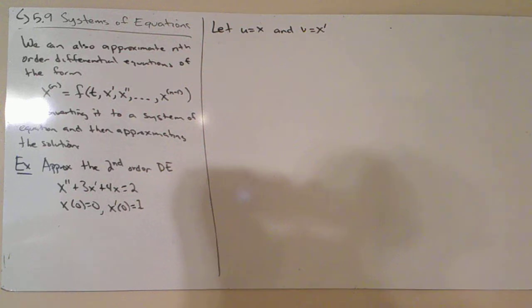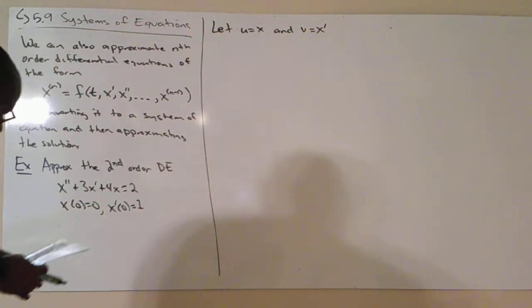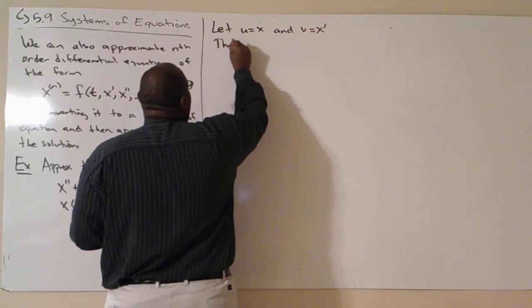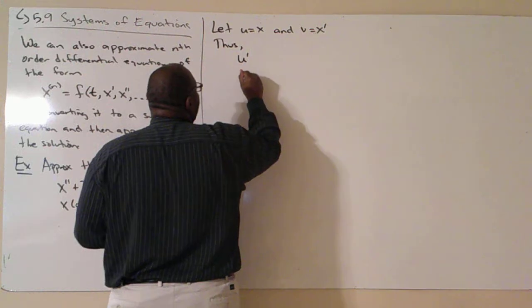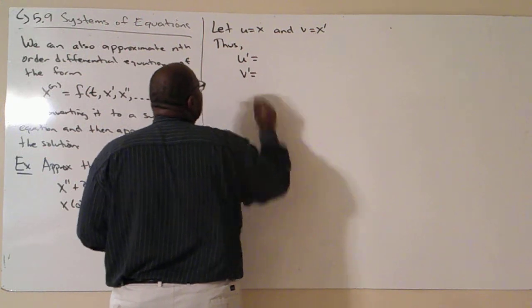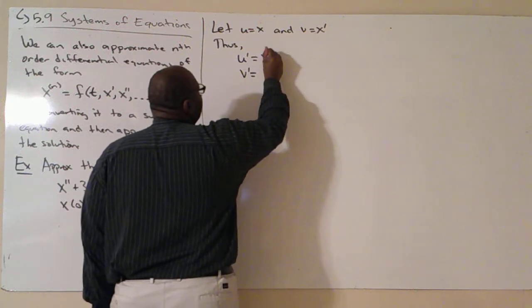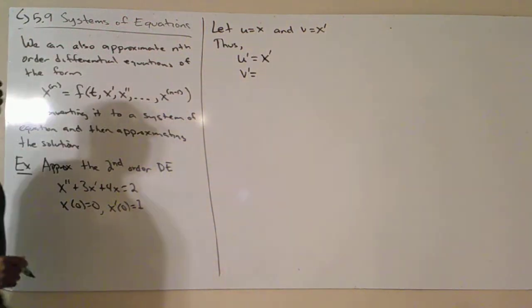And what we're going to do is ask, what is the derivative of u and what's the derivative of v? Thus, u prime and v prime. Well, what is u prime equal to? u prime is going to be equal to x prime, right? But what is x prime? Well, x prime is v.